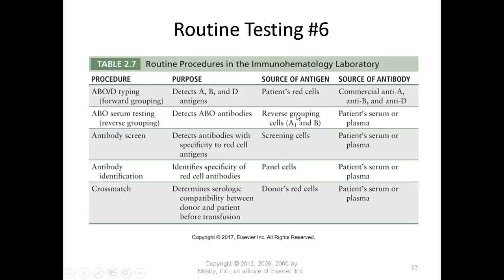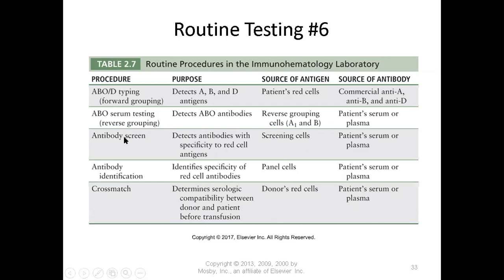It's the same idea, except what's known is the antigen in this case, and it's helping us find out the antibodies. Antibody screen, we want to determine if the patient has unexpected antibodies, ALO antibodies, that they may have formed from a previous transfusion or pregnancy, and we use reagent cells called screening cells.